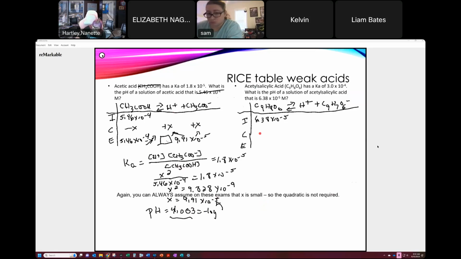Again, looking at my stoichiometry, I know that I need to break down one of these aspirins to get my H plus and my anion. I'm assuming that those are 0 to start with, because that's the equilibrium that I want to look at. I am looking to find H plus so that I can then take the negative log of that to get pH.